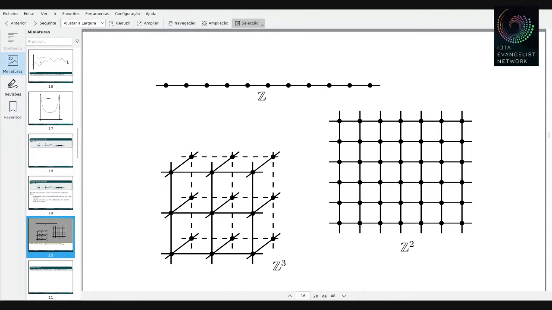And just as the simple random walk in one dimension that we just considered, where from each point you go to the right with probability 1/2 and to the left with probability 1/2, you can consider the same sort of process in dimensions 2 and 3.